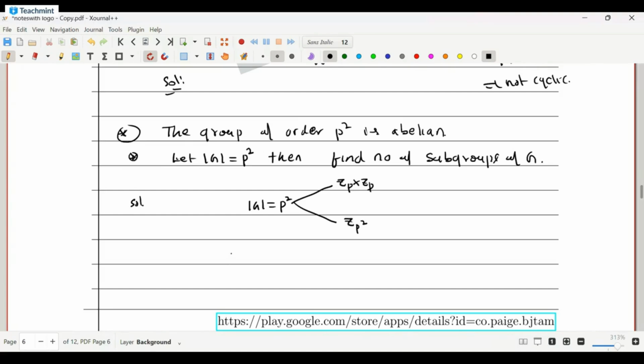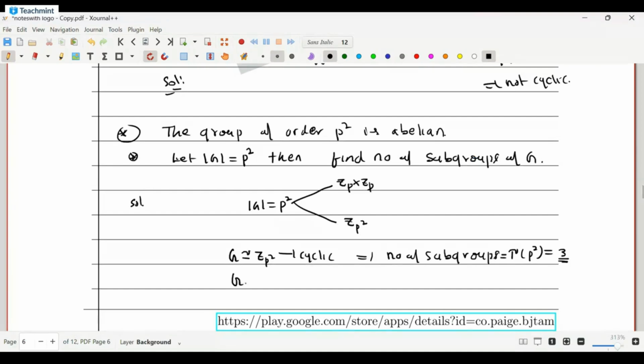If G is isomorphic to Zp squared, it is cyclic, so the number of subgroups is tau of p squared, which is 2 plus 1, equal to 3.